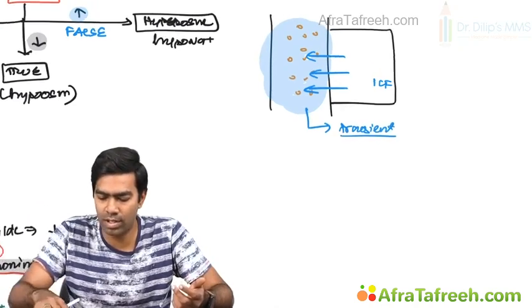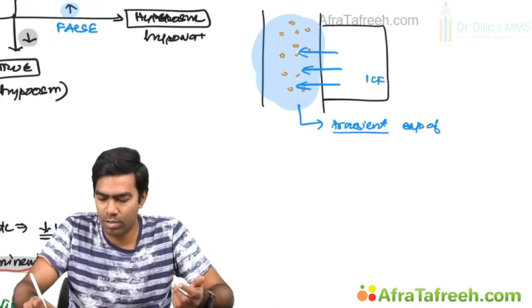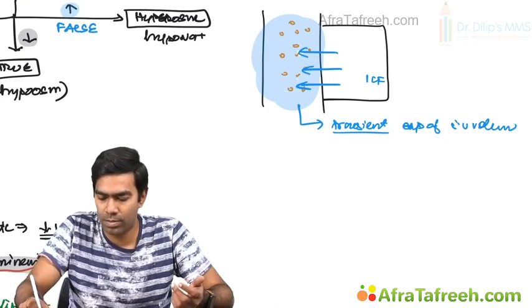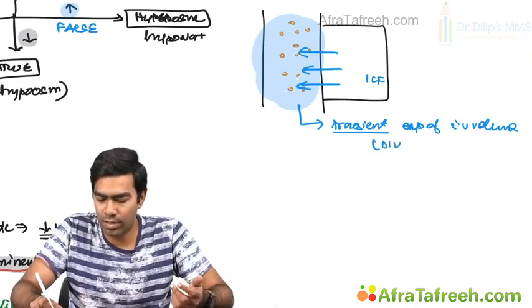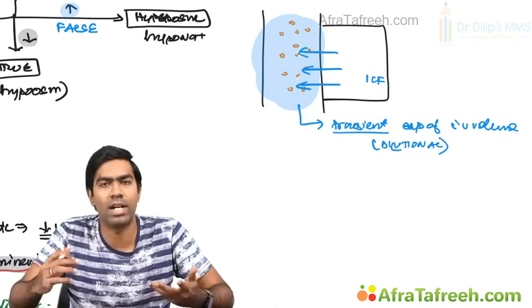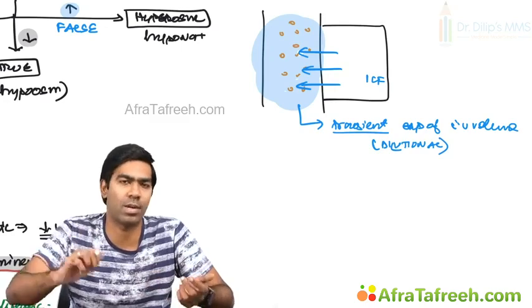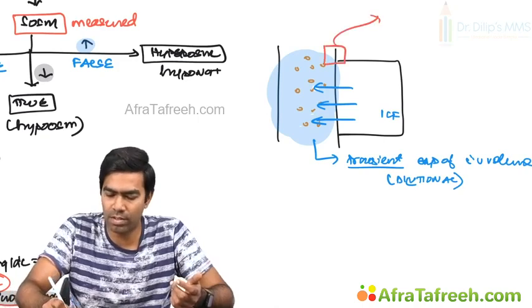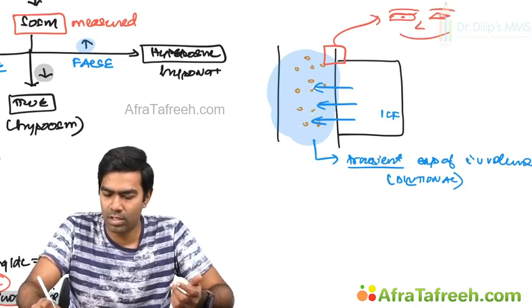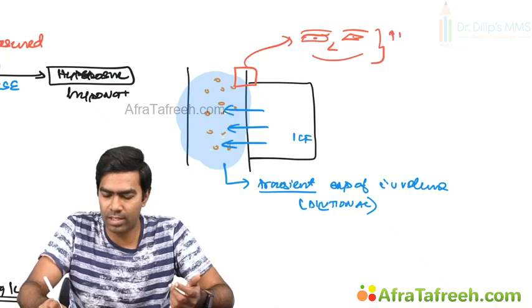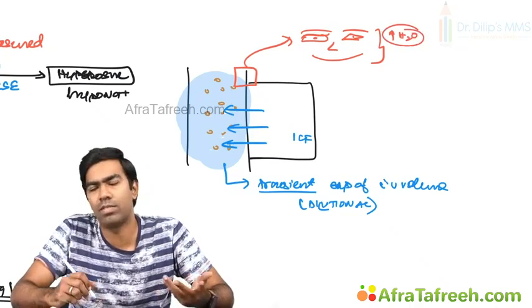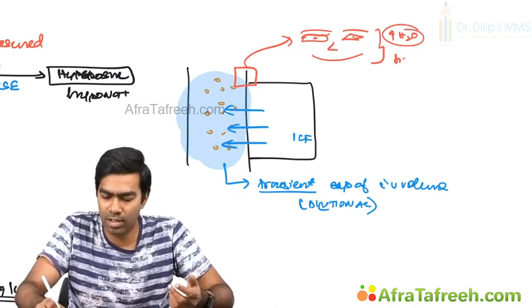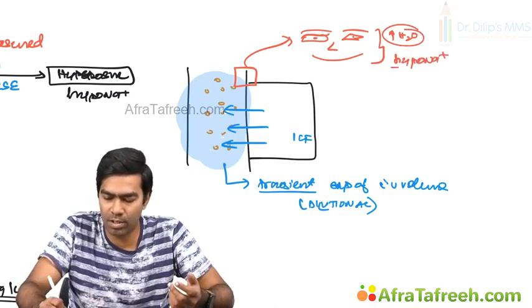And again note this word, transient expansion of intravascular volume. And it's going to create a dilutional effect. Because of this dilutional effect, it will result in a condition that is spuriously causing a hyponatremia. How? Because when you take this column of blood, and the machine examines this column of blood, it's going to see there is excessive water in this area compared to the sodium, and it will give a hyponatremic value only.